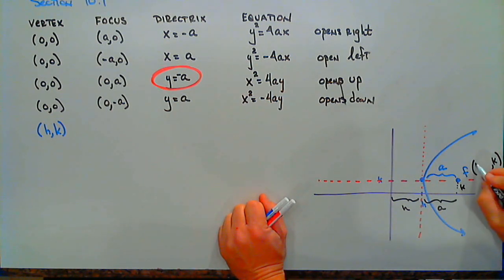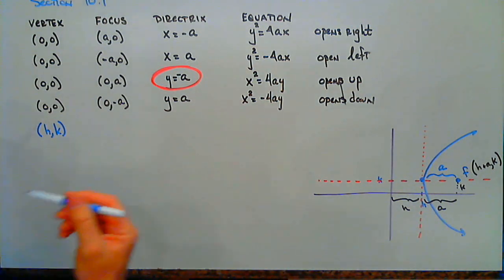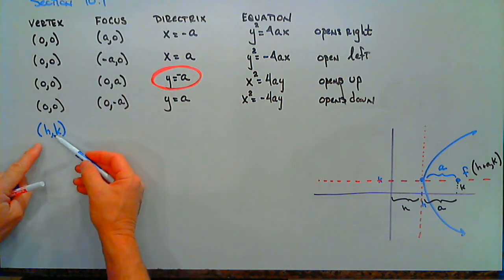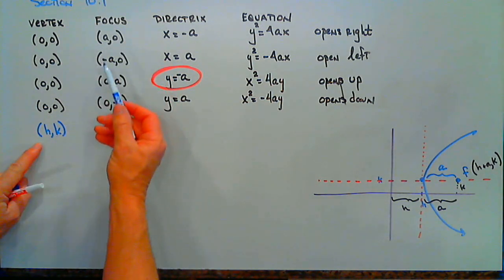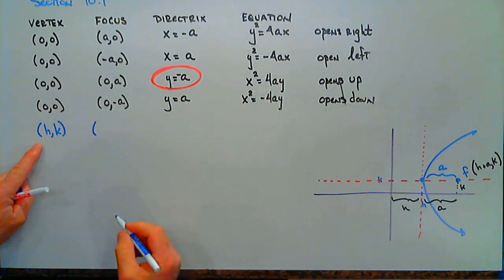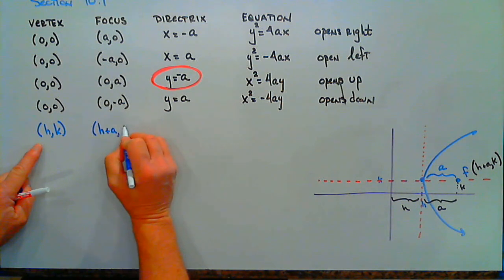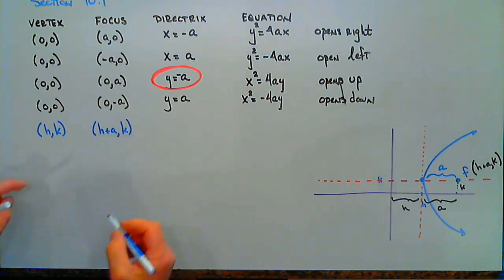So isn't this just going to be h plus a? So if we're looking for the focus, and we're doing this case, but now we've moved the vertex, look what's going to happen. Our focus is now going to be h plus a, k.